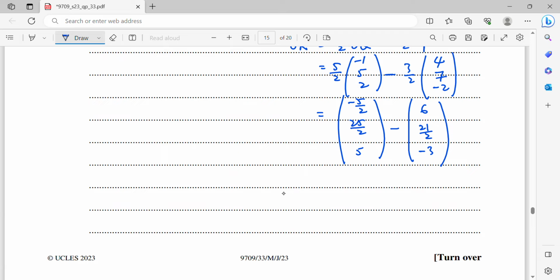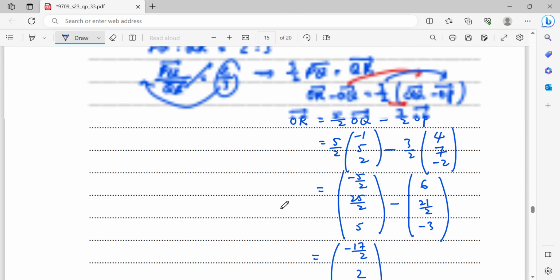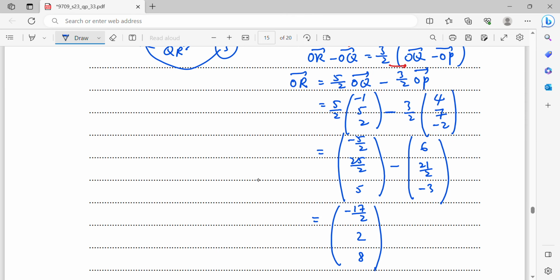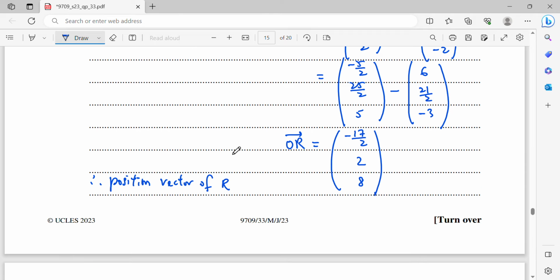Okay, so now when you solve all the terms, you will get negative 17 over 2, then 2 and 8. So that's your position vector of R. Right? So if you want to write in words, just write position vector of R. OR equals this result.